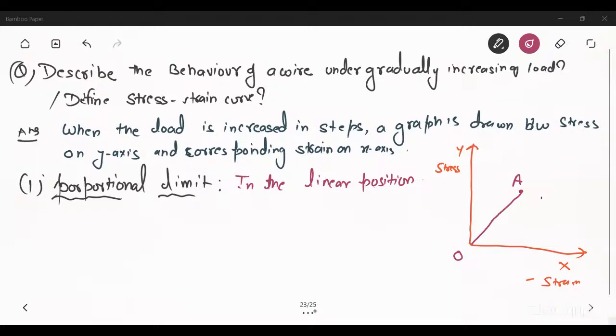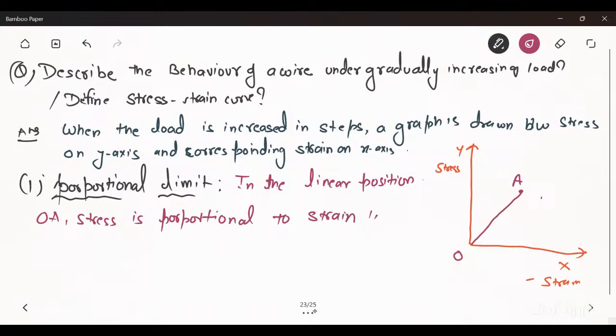In the linear portion OA, stress is proportional to strain.